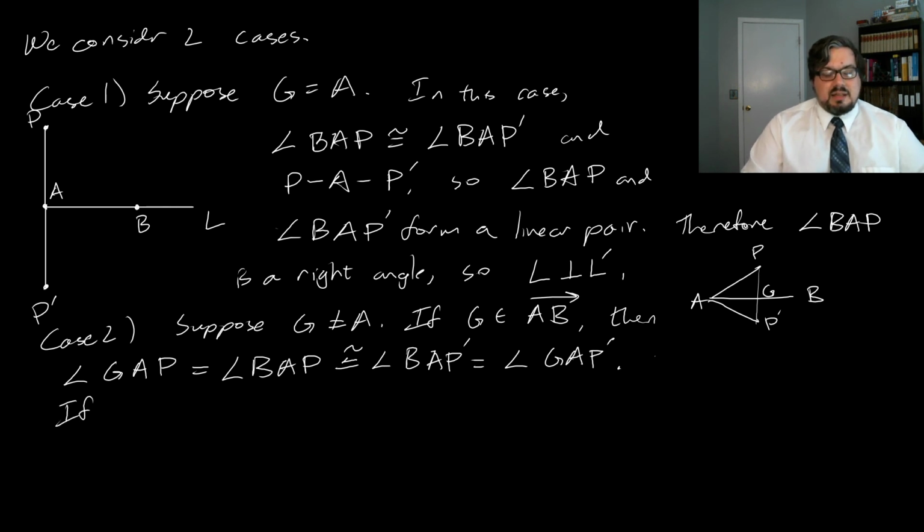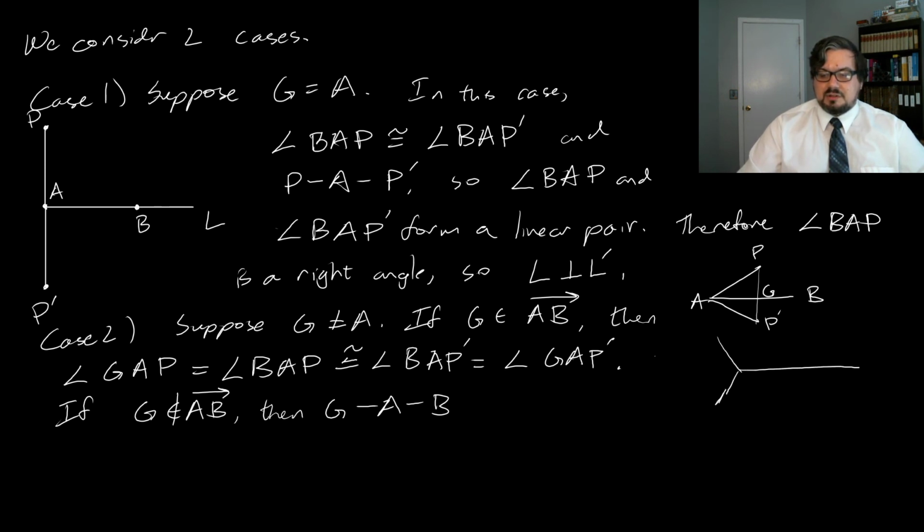And then if G is not in the ray AB, then we have that A lies between G and B. We've got this sort of a situation: A, B, P prime.